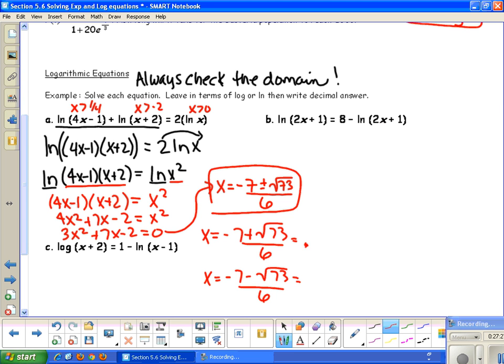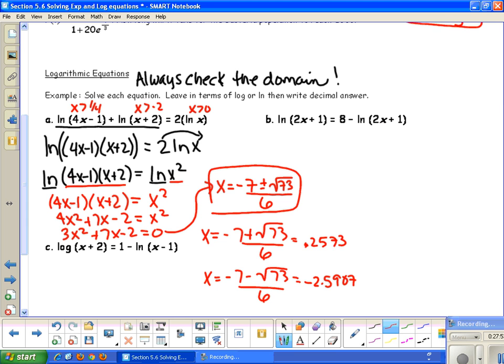So for this first one, I get 0.2573 something, keeps going. And then for the next one, I get negative 2.5907. So if you look at that second equation, that does not fit in the domain.